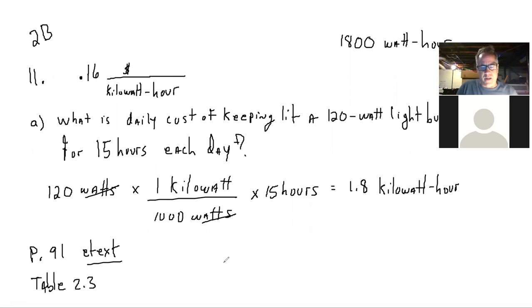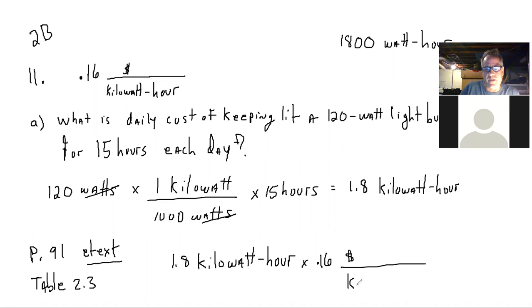I take my 1.8 kilowatt hours and multiply that by my rate, which was $0.16 per kilowatt hour. Okay, I get this now. And now you can see those units cancel, leaving me just with dollars.